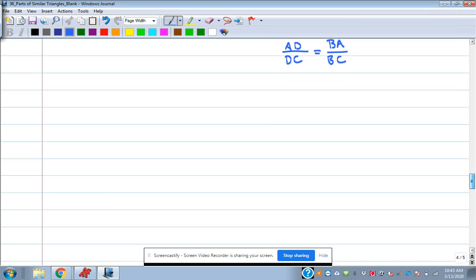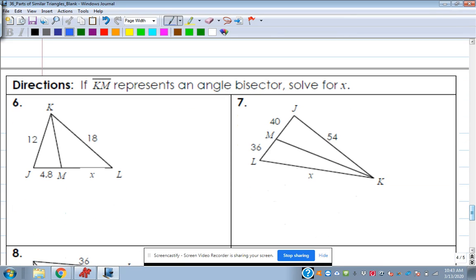All right, so let's use that a little bit. So let's set up a ratio or a proportion to do number 6. Job.